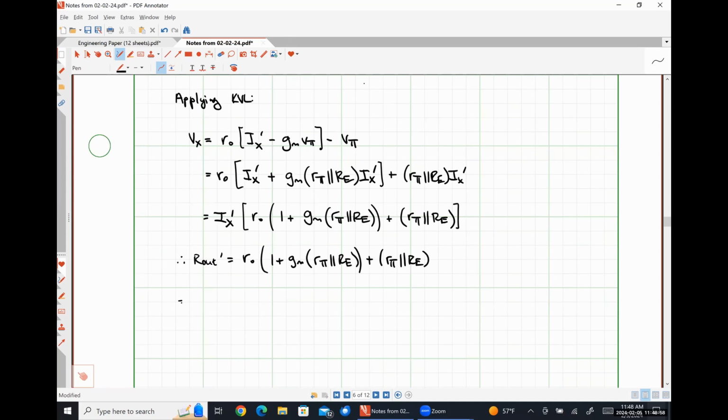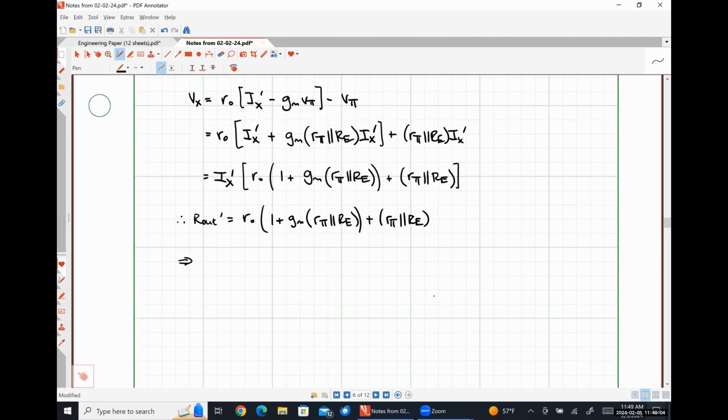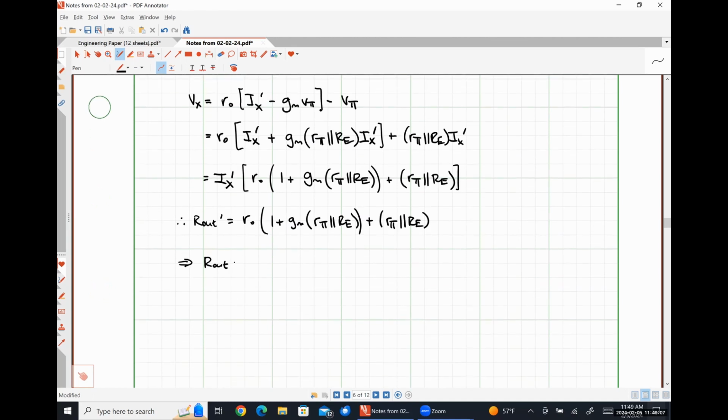And finally then, looking at this relationship right here, I can say that R out is equal to RC in parallel with r naught times (1 plus gm times r pi in parallel with RE) plus r pi in parallel with RE.